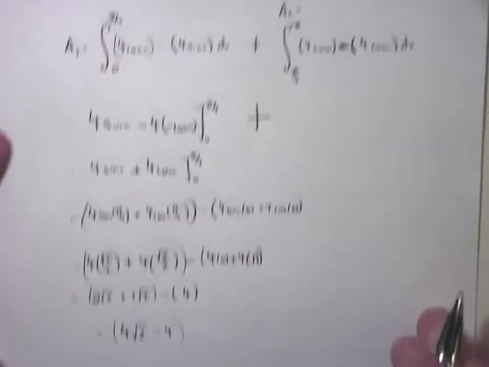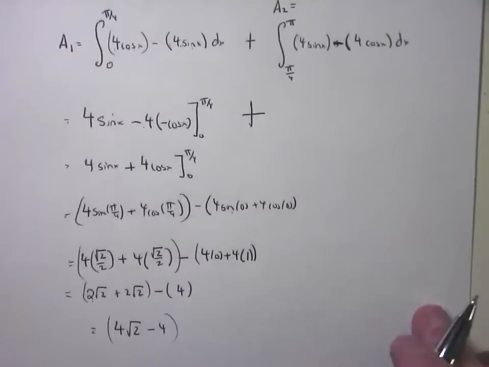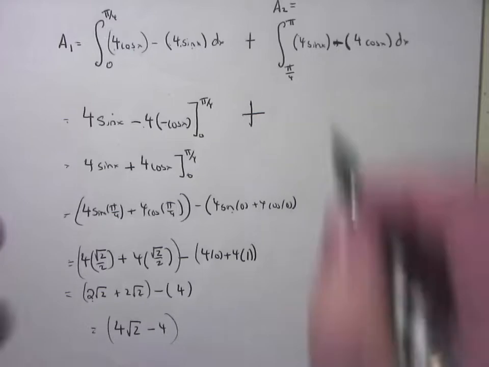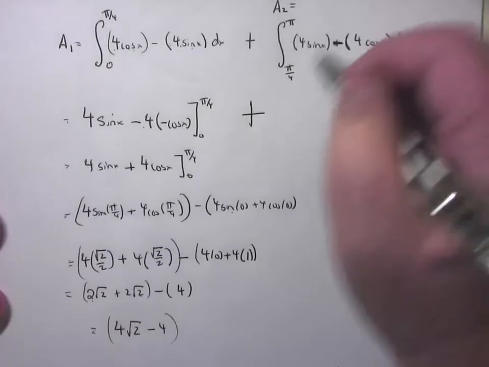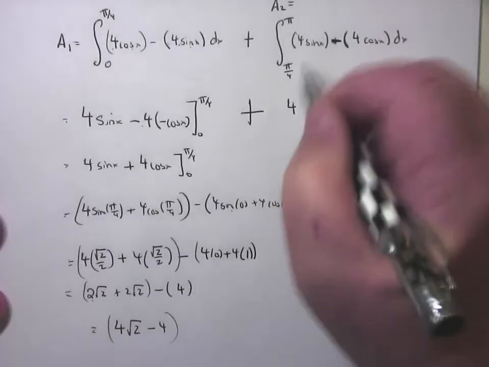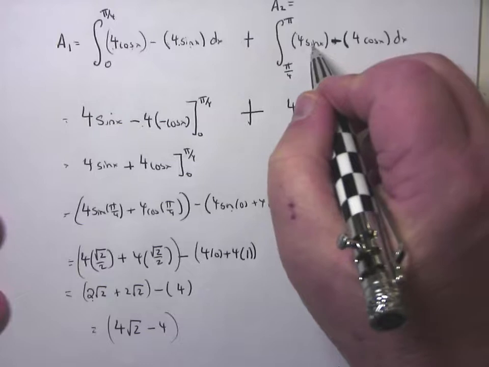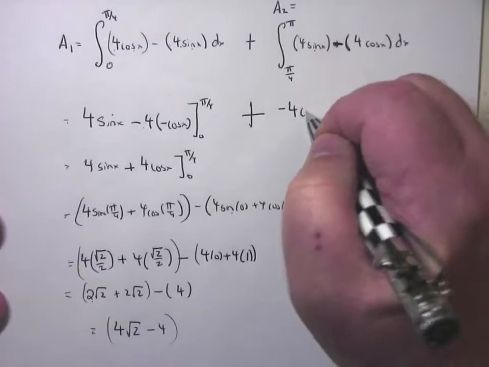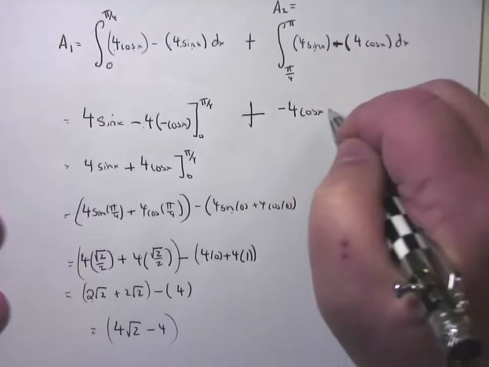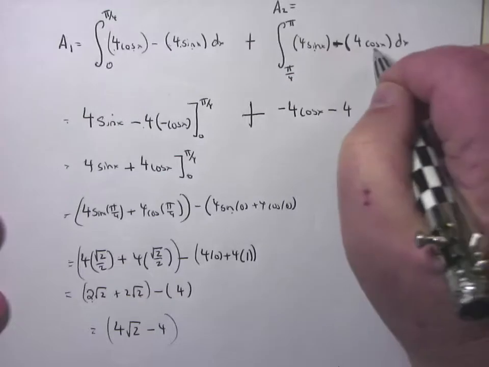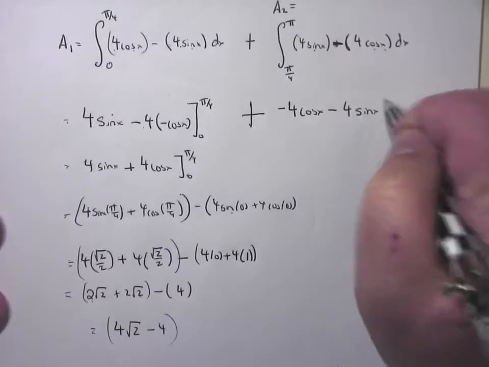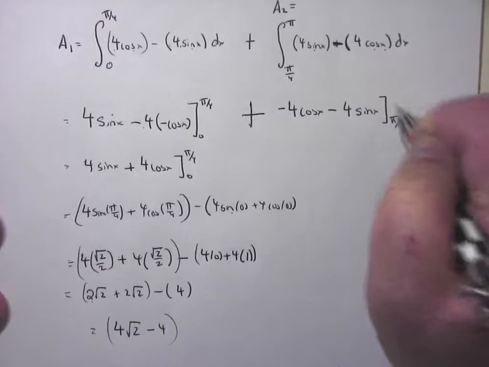And then we're going to add that to the second integral here. But luckily, it's the same function except the top and bottom are switched. So 4 is a constant. The integral of sine of x is negative cosine of x, minus 4, the integral of cosine of x is sine of x, evaluated from pi/4 to pi.